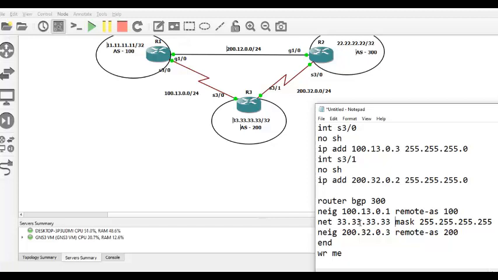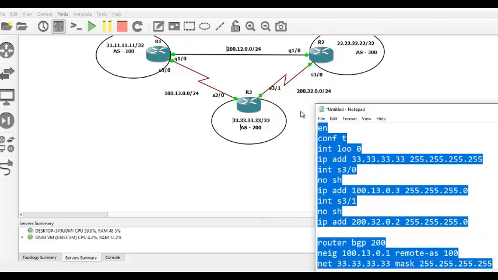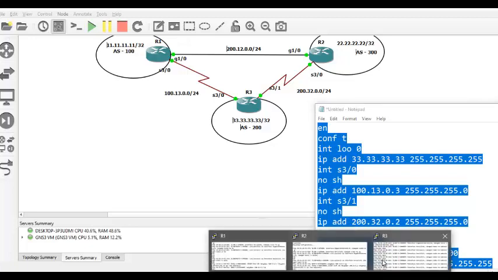And then the other neighbor is 32.0.3, not 32, who is in autonomous system 3. The local autonomous system is 3. Router 3, let's paste this.